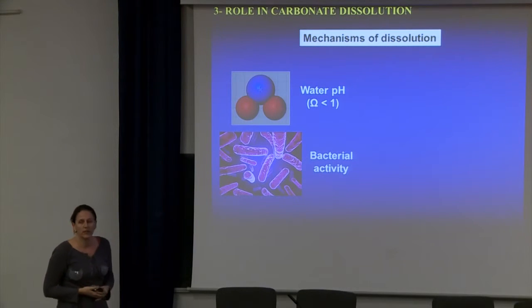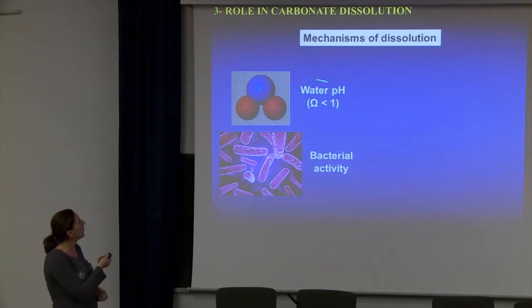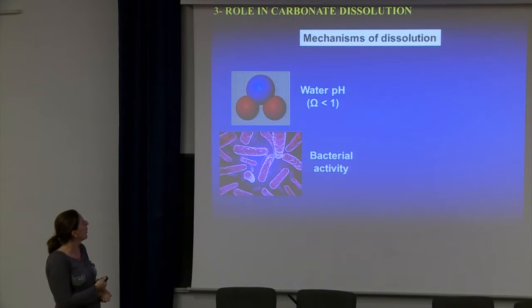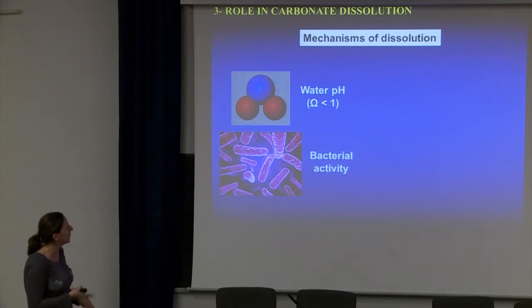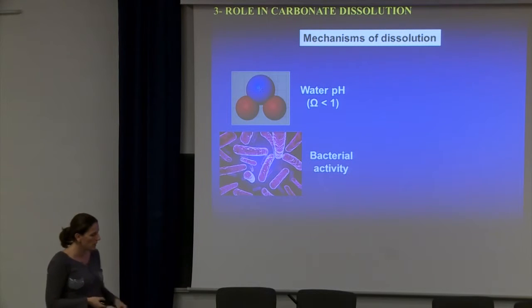Well, what are the mechanisms involved in this carbonate dissolution? Is it a purely chemical process due to the water chemistry with low pH and a saturation state of carbonate minerals below 1? Or is it due to a bacterial activity which remineralizes organic matter and creates the conditions which are favorable to dissolution?